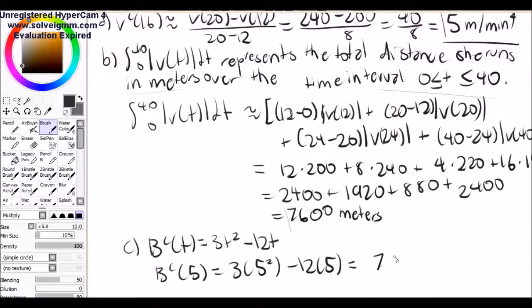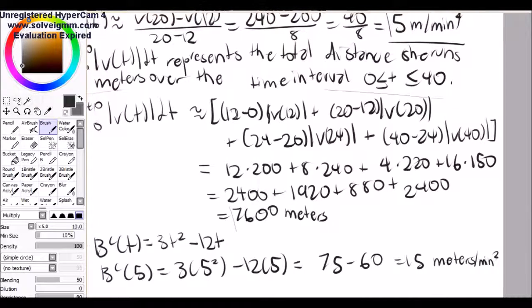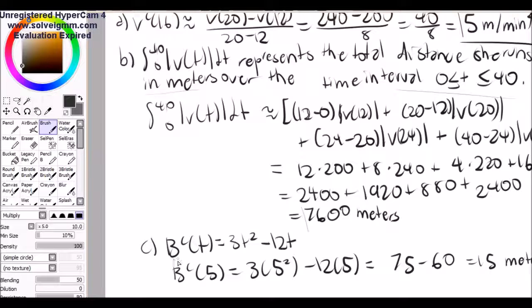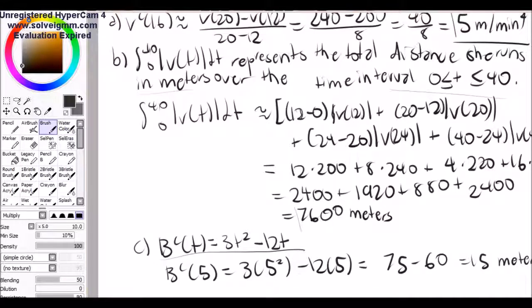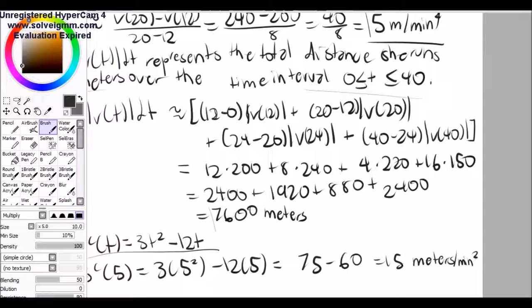This is equal to 75 minus 60, which is 15 meters per minute squared. For scoring, you get 1 point for finding the derivative of b(t) correctly, and another point for getting the answer. So part C is worth 2 points total.